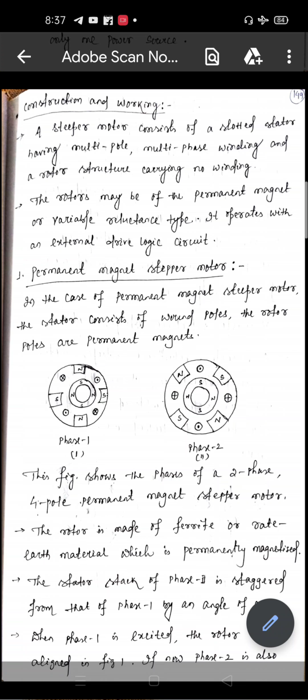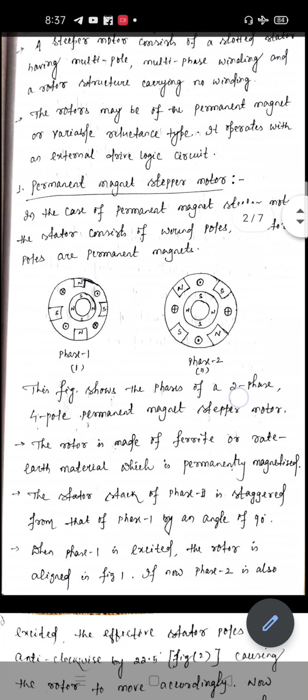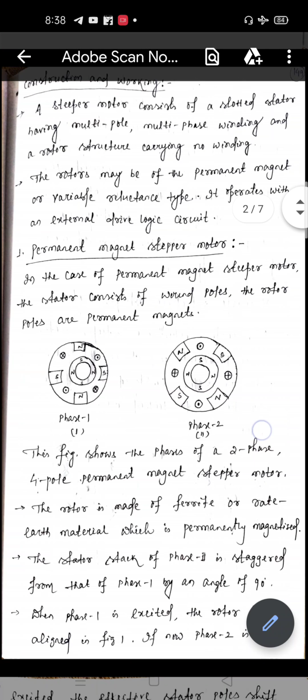Second, the rotors may be of the permanent magnet or variable reluctance types. I have already told you it operates with an external drive logic circuit.